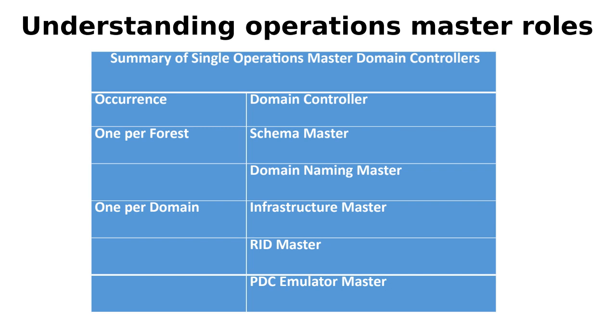Of course, one per domain. We said that RID is taking care of what? Yes, SID, right? So each one of these is one per domain, and one per forest for the schema master.